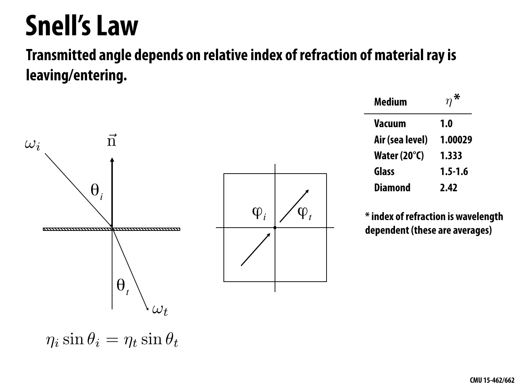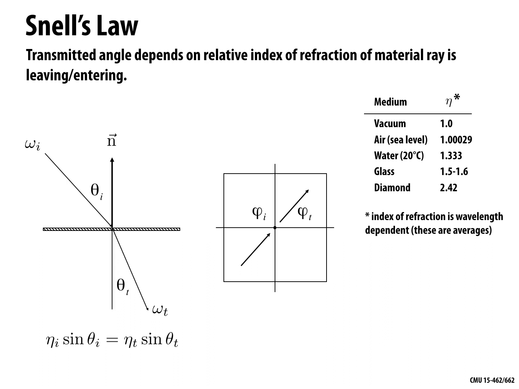Eta I is the index of refraction of the incoming ray. Eta T is the index of refraction of the transmitted ray. Theta I and theta T are the corresponding angles made with the normal. And so depending on whether we're coming in or going out, we can use this law, Snell's law, to determine the refracted direction. The other angle, phi, just stays the same.